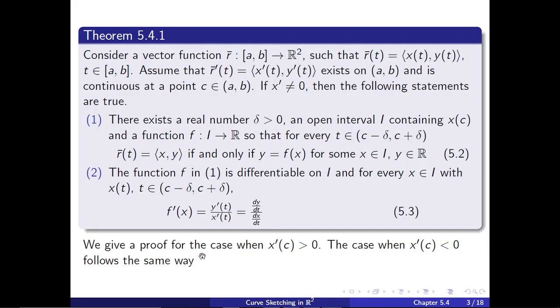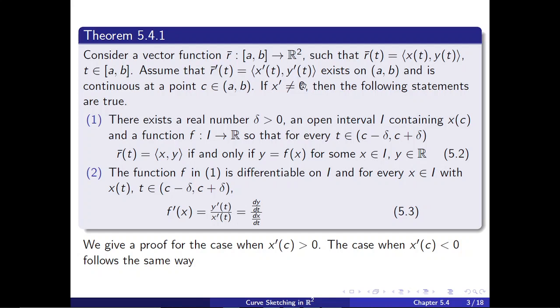So let's look at the theorem that we want to look at. It says consider a vector function r from the closed interval [a,b] to R2 such that r(t) is equal to (x(t), y(t)), where t is between a and b, and assume that r'(t) is equal to (x'(t), y'(t)).